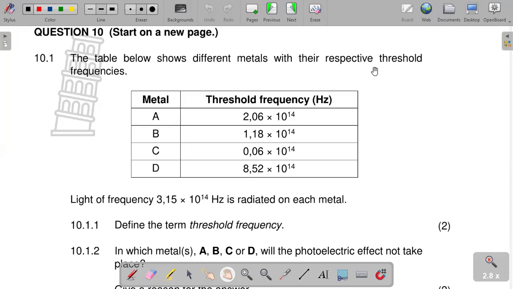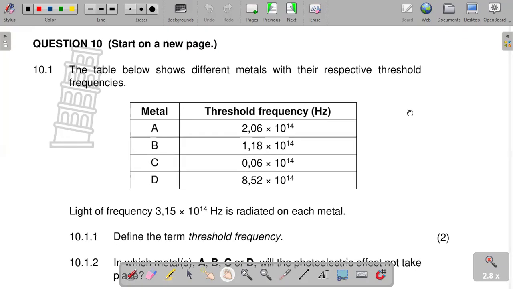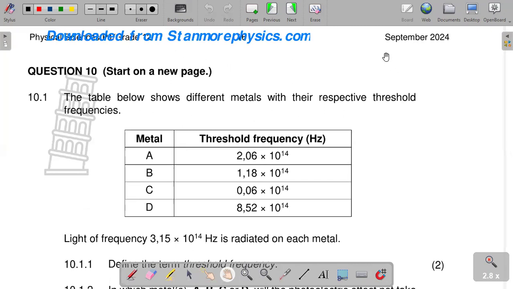So in lesson 5 we're going to do question 10 again. This time I have question 10 from September 2024.